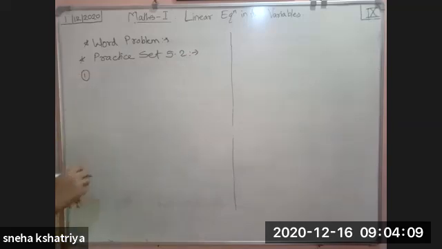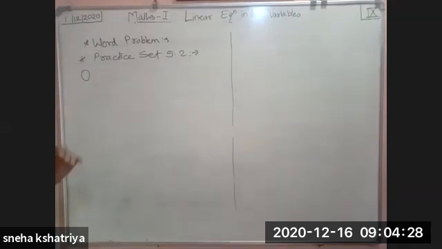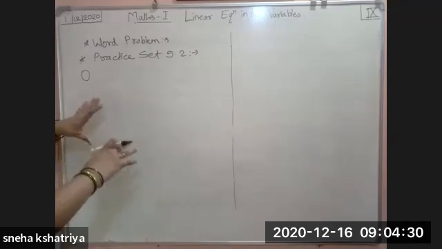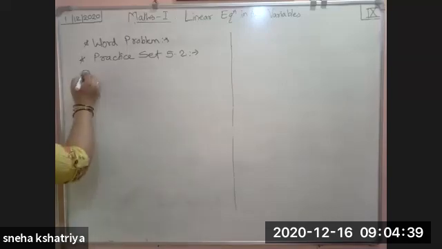In the practice set, the first example and second example have a little bit of changes. So I'm going to take the third example first because it is quite easy. First we will take the third example, then we will move on, because it is better for understanding. How we solved the first example, like that only, a little bit of change is there in the third example. So we will see the third example first.